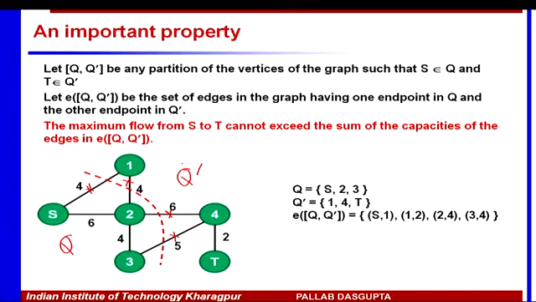Now, when I look at a particular path from S to T, let us say S to 2 to 4 to T, I ask what is the maximum amount that I can flow from S to T along this path.